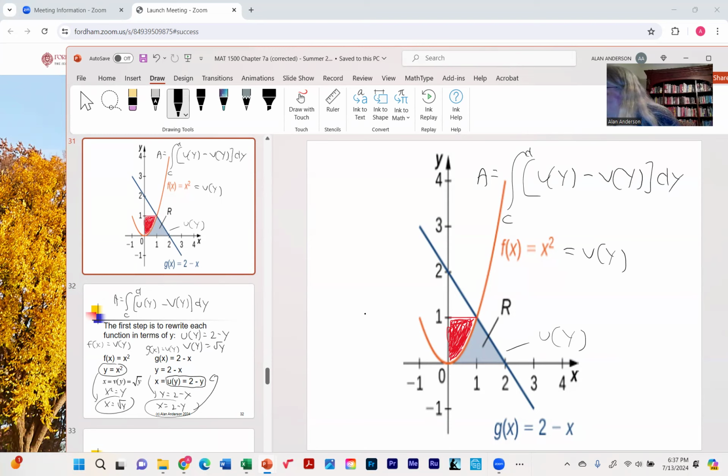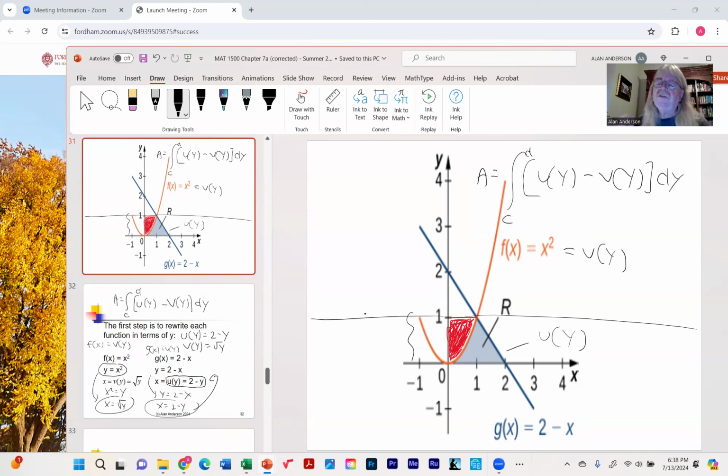And so you can see that within the area of interest, which is just this part here, the area of interest is defined with respect to the vertical axis from 0 to 1. And you notice within that area, u of y is to the right of v of y. Okay. So in other words, you look from right to left, blue is to the right of orange.